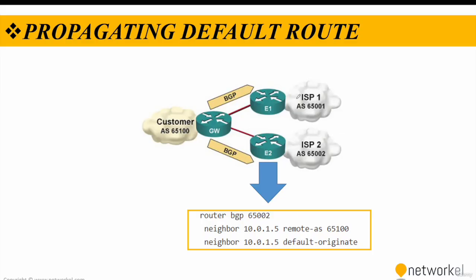It ensures that a default route is advertised to BGP peers even if the local router does not have a default route in its routing table. So how am I configuring it? Pretty basic. I'm going to the router BGP mode, and when I'm configuring my neighbor, I'm typing only the default-originate command right after the neighbor IP address.